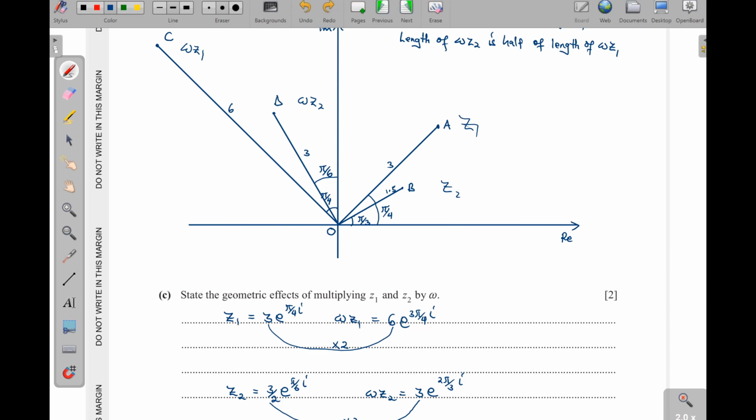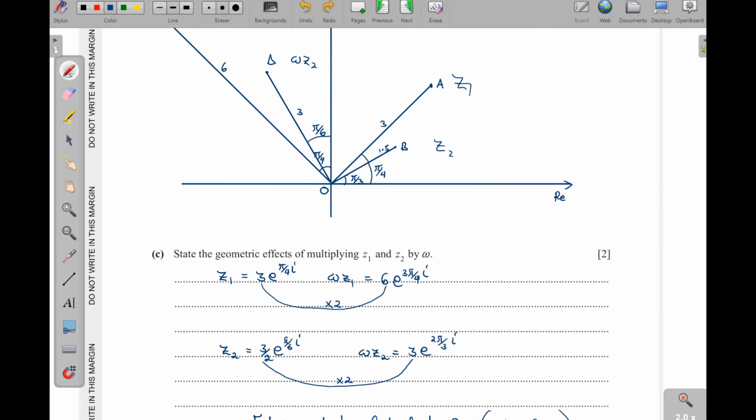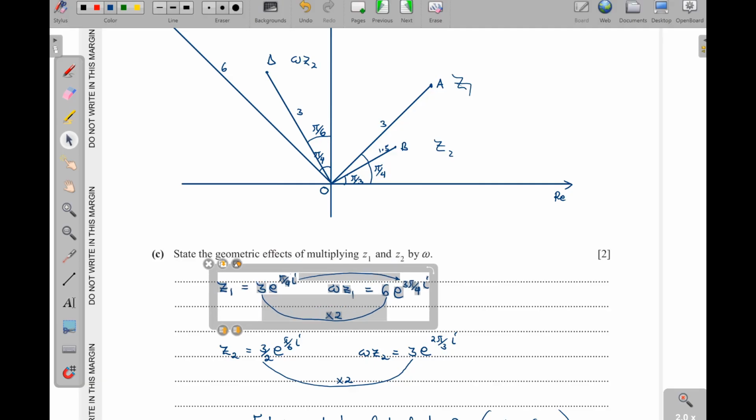So in other words, to move from pi over 4 to 3 pi over 4, this one here is pi over 4, then plus pi over 2.